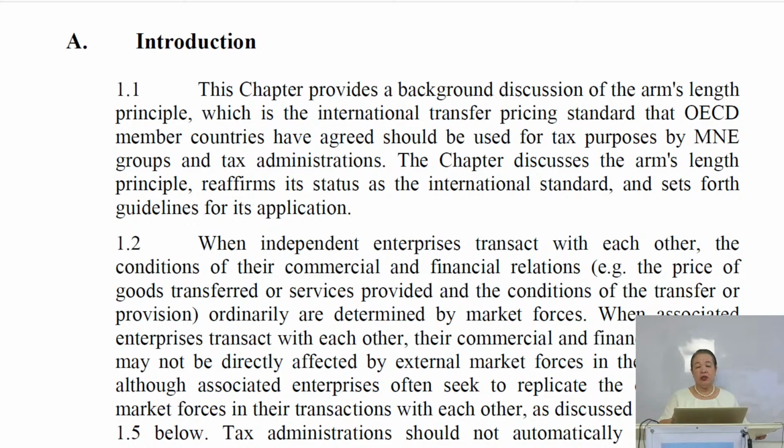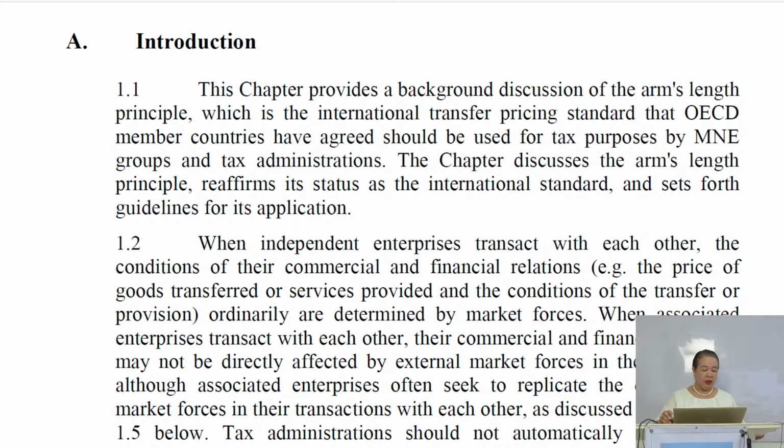The three-tiered documentation requirement cannot be found in the 2010 transfer pricing guidelines, but only in the 2017 guidelines. So the arm's length standard reaffirms the status of the international standard and sets forth guidelines for its application.